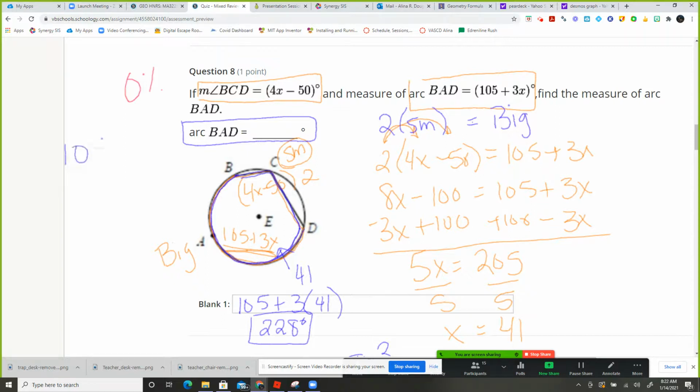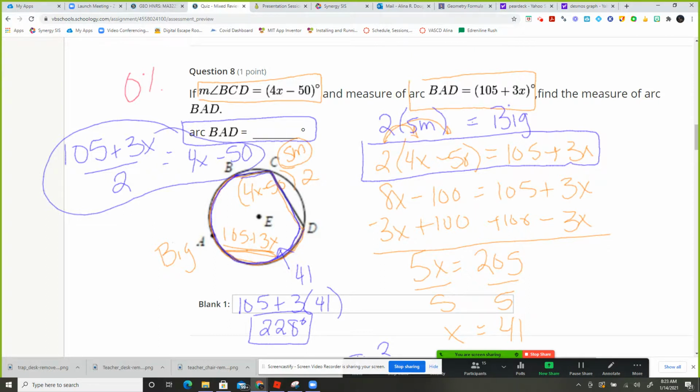So (105 + 3x) divided by 2 equals the small thing. But I think this equation is easier to look at than this one myself. So you can do 2 times the small thing equals the big thing, or half of the big thing equals the small thing. And that only works if your angle touches the outside of the circle. If your angle is on the perimeter of the circle, on the circumference, is the only time that works.